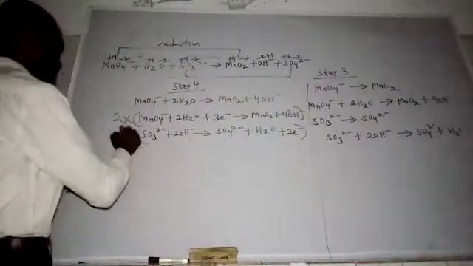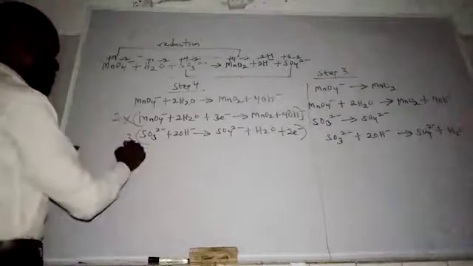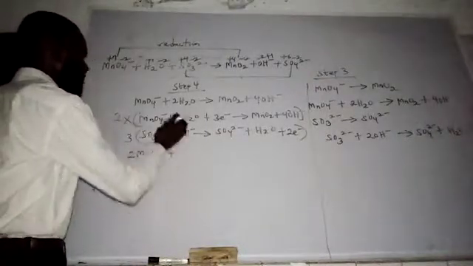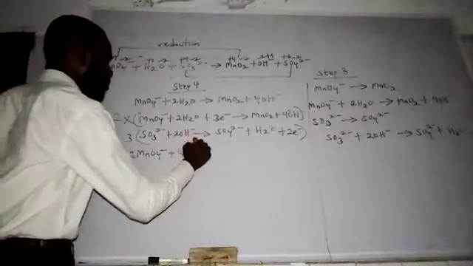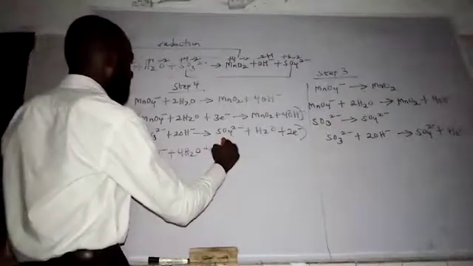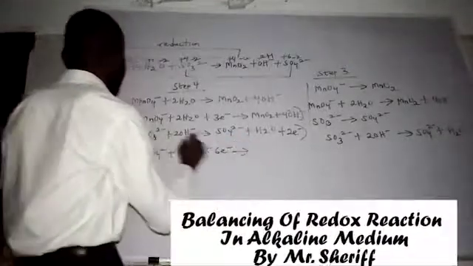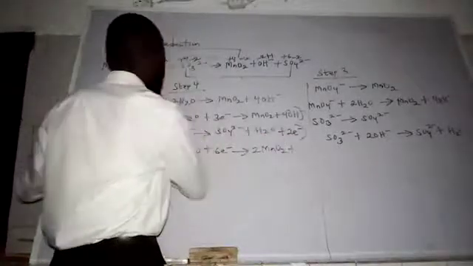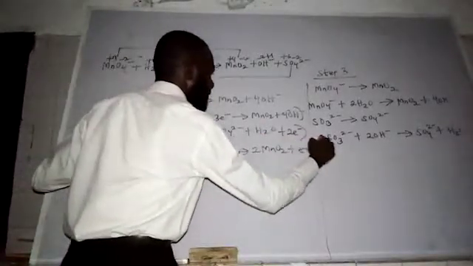By 3. 2 multiplied by this is going to give me 2MnO4⁻ plus 2 times 2, that's 4H2O, plus 2 times 3 is 6e⁻, going to 2 times this is what? 2MnO2 plus 2 times 4 is going to give me 8OH⁻.